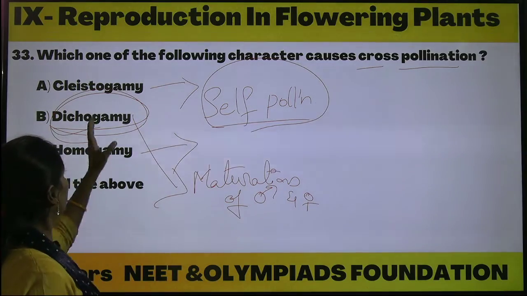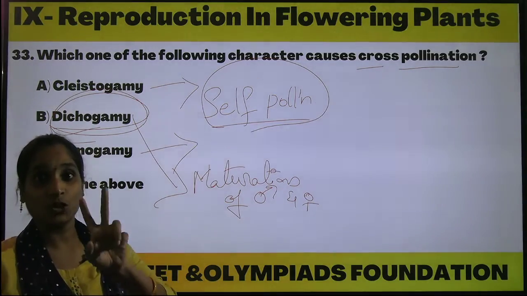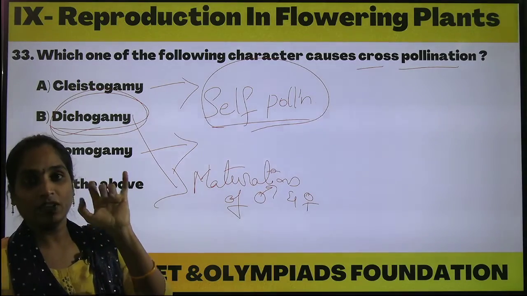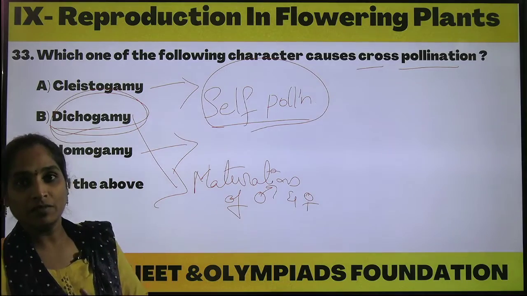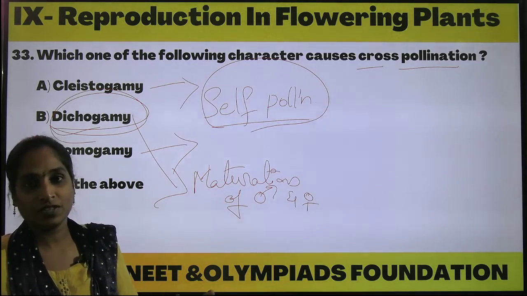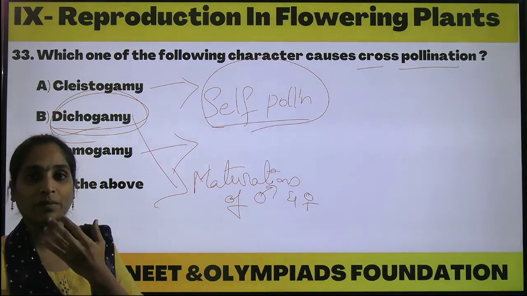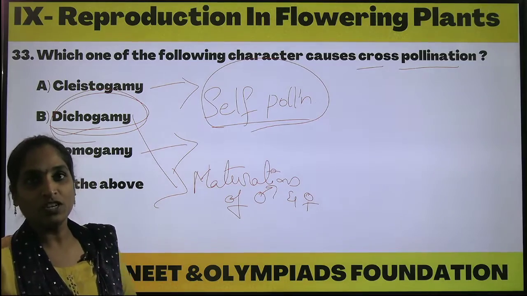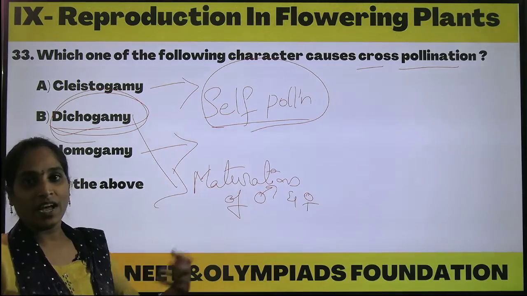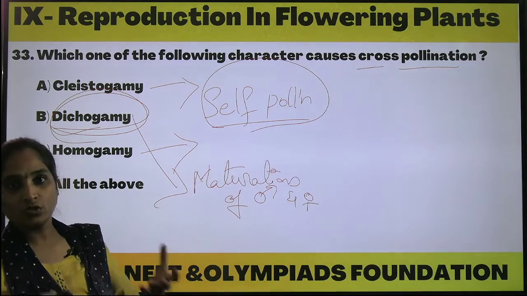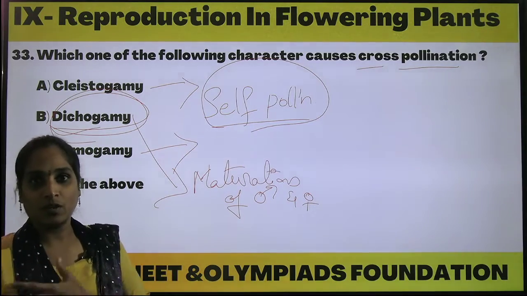But coming to the dichogamy process, di in the sense two, means male and female gametes will be maturing at different times. Might be the female one develops first and the pollen grain might take a lot of time to develop. Meanwhile the male gamete of another flower may enter into this female one and pollinate.